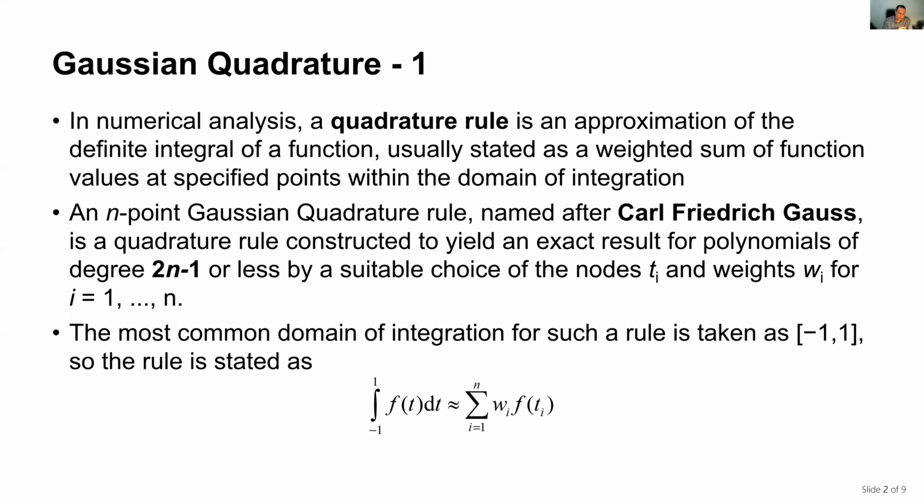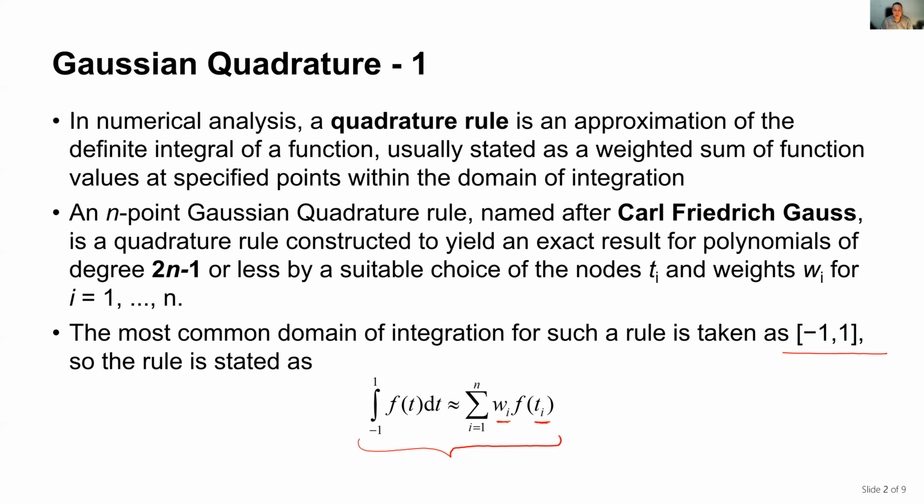Usually, our formulas are expressed in the interval -1 to 1 that you see here. And so the rule is stated as you see here. So the integral from -1 to 1 of f(t) dt is equal to a sum of some values of the function at specific points t_i multiplied by the weights w_i.